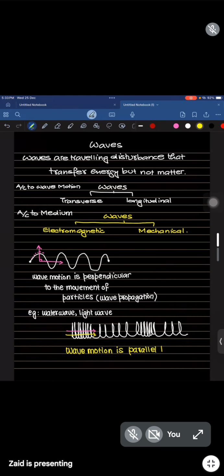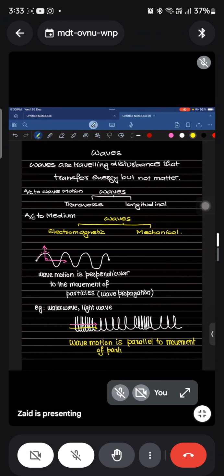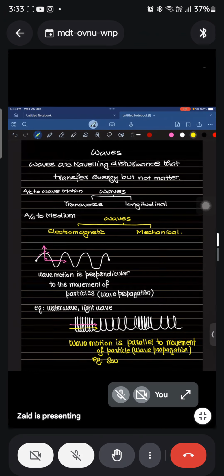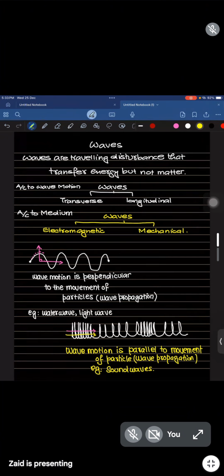And you can call movement of particles the wave propagation. An example is sound waves. Okay. Or like when the spring is moving on. So this one is a transverse wave, and the other one is a longitudinal wave.